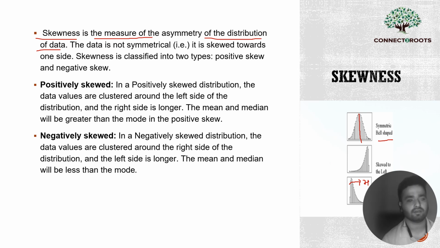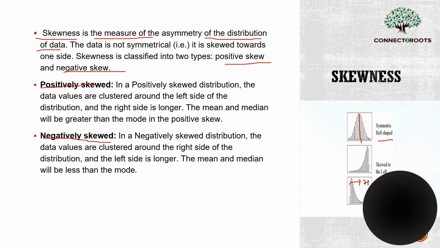Skewness is classified into two types. One is positively skewed, one is negatively skewed. Positively and negatively skewed is just for naming purposes, and doesn't say anything about whether the values are positive or negative. In a positively skewed distribution, the data values are clustered around the left side of the distribution, and the right side is longer.